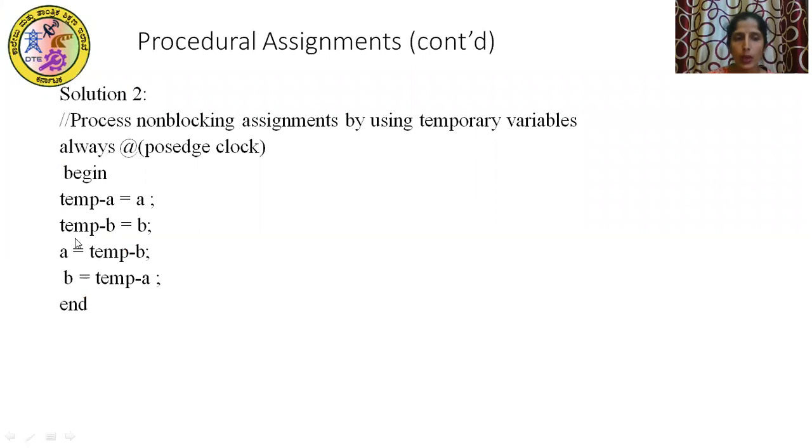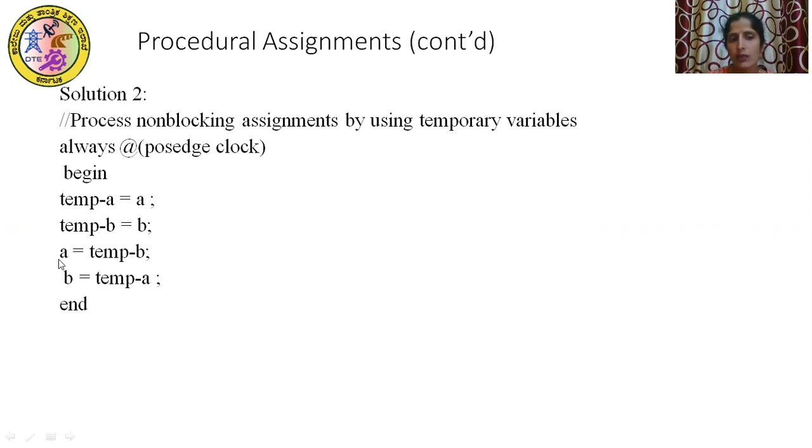In solution 2, as I told in the previous example, we can initially copy the values in registers A and B into the temporary variables temp A and temp B. We have explicitly mentioned temporary variable A and temporary variable B to copy the values from variable A and variable B. Later on, we can transfer the contents from the temporary variables onto the variables on the LHS to which we want to assign the data.